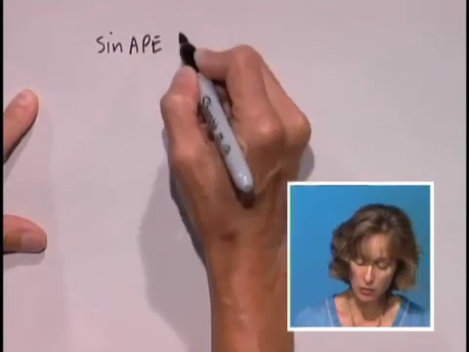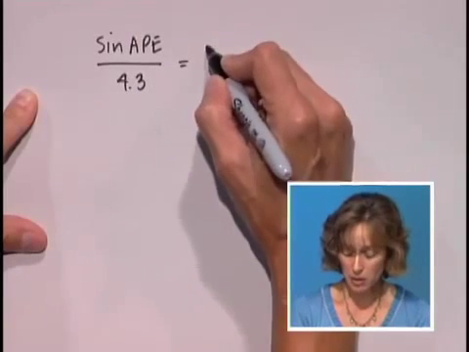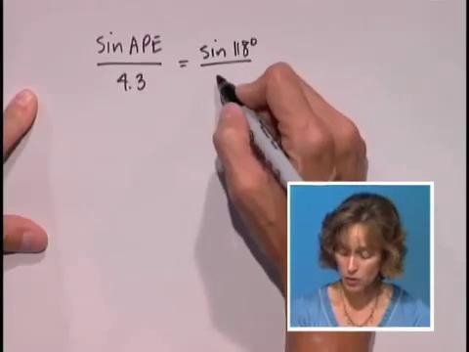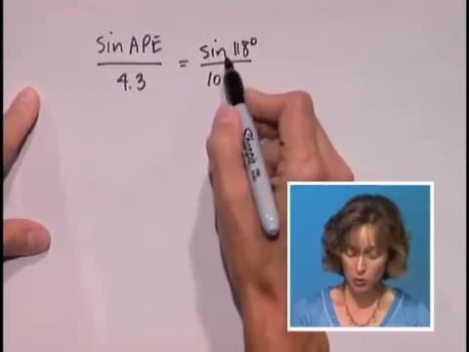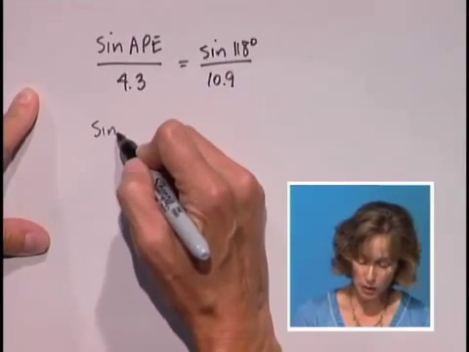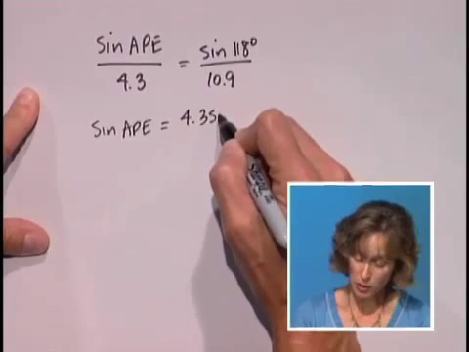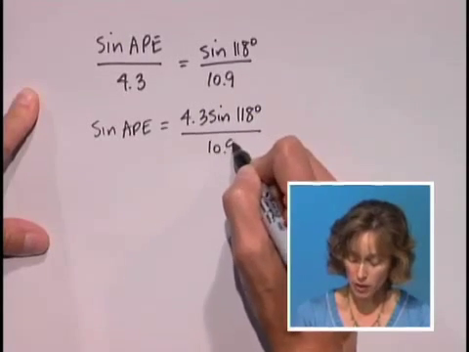The sine of that over side 4.3 is equal to the sine of 118 degrees over the side we just found, to be 10.9. I'm going to multiply by 4.3, so the sine of APE is 4.3 sine 118 degrees divided by 10.9.